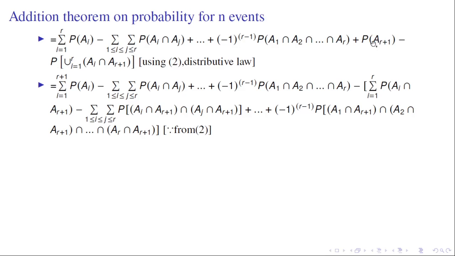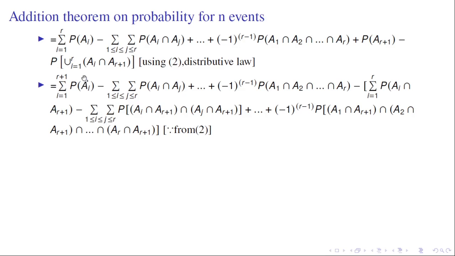This is A r plus 1, and this i equal to 1 to r Ai, summation i equal to 1 to r plus 1 of probability of Ai. These 2 terms up to this, the r term, minus, expand this, again expand this. This is union of Ai intersection A r plus 1, r terms.